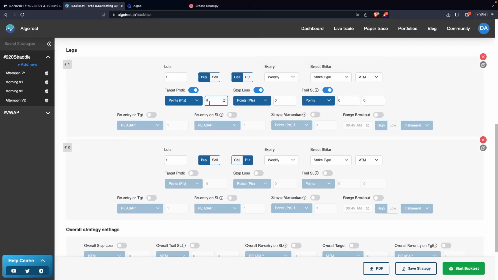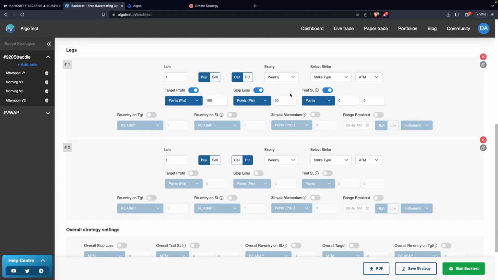For example, if your target is 100 points and your stop loss is 50 points, there might be possibilities when the market moves in your favor and you have bought an option at a premium of 100 rupees and the option is trading at 120, 130, 140, and it is consistently going up to 190 or 195. Then there are possibilities that the option reverses from 195 and you are not able to book the target because your target is 100 points here.